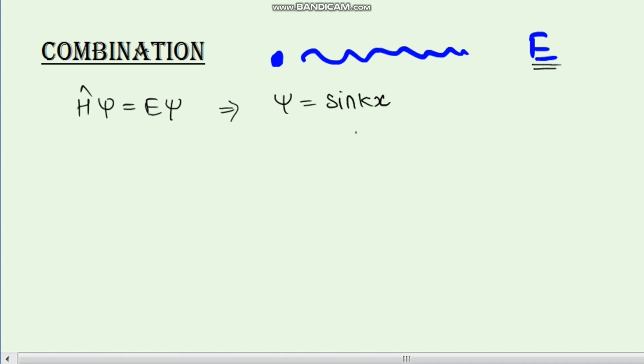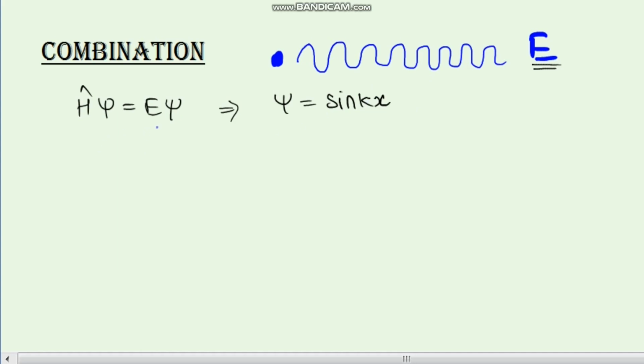It means the particle was moving in a sinusoidal wave like this. It's not going to be imaginary in this case, so it is safe to consider that it is moving like this.